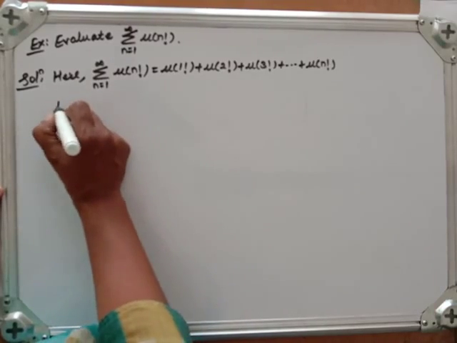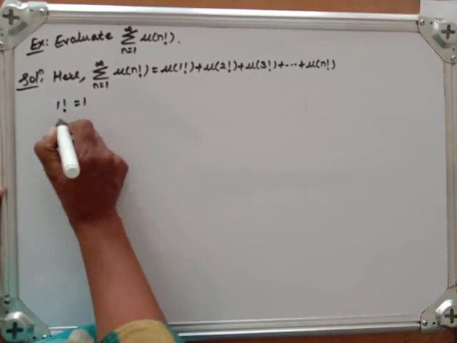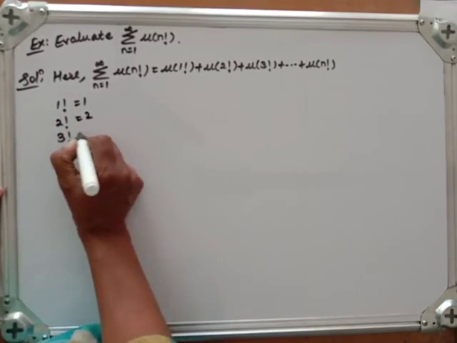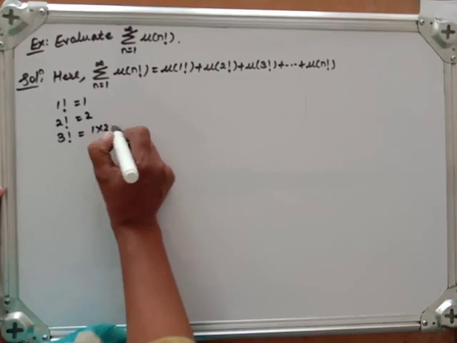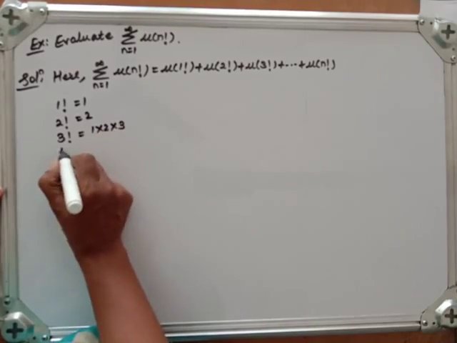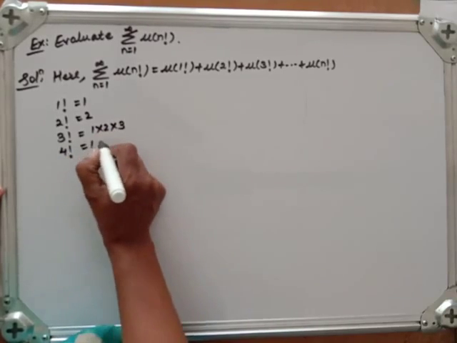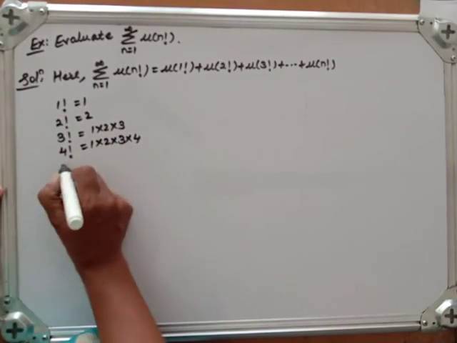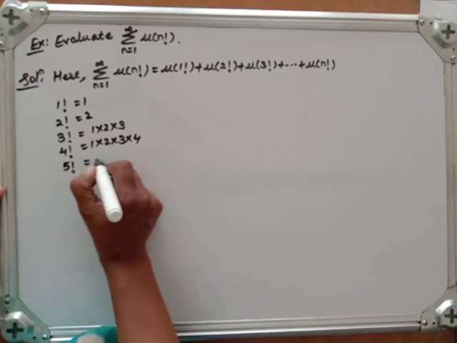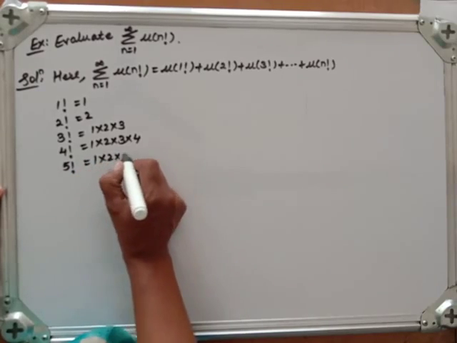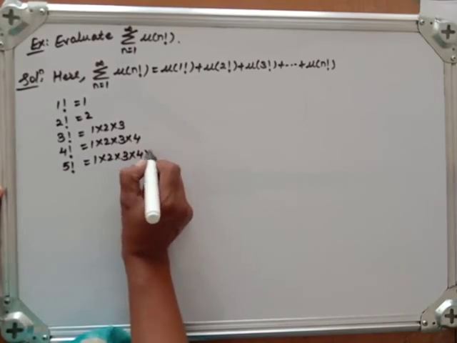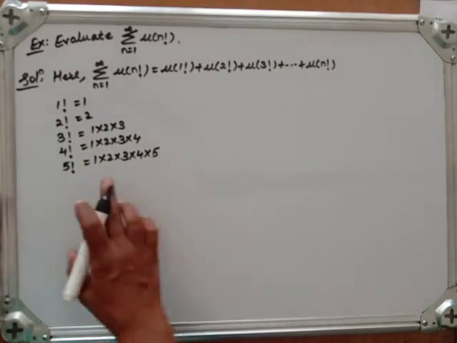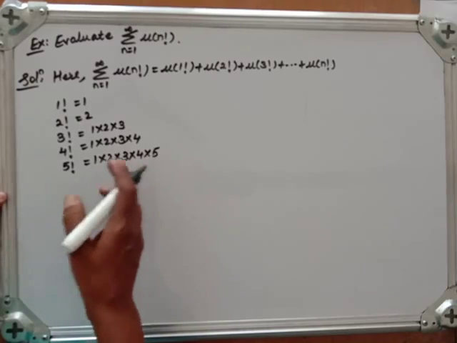So 1 factorial is equal to 1, 2 factorial is equal to 2, 3 factorial is equal to 1 into 2 into 3, 4 factorial is equal to 1 into 2 into 3 into 4, 5 factorial is equal to 1 into 2 into 3 into 4 into 5. This is known to you. For further explanation I need to write at least this one, and so on.